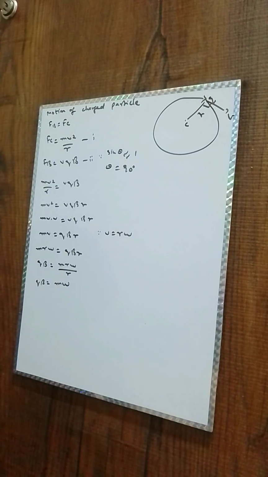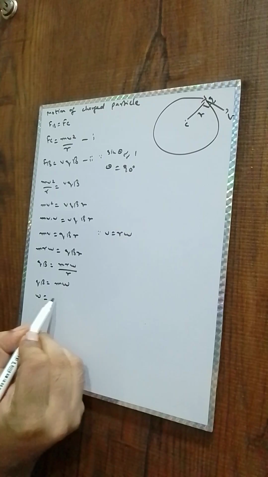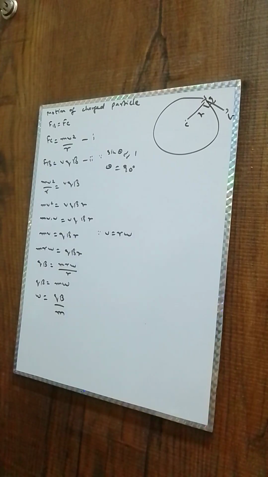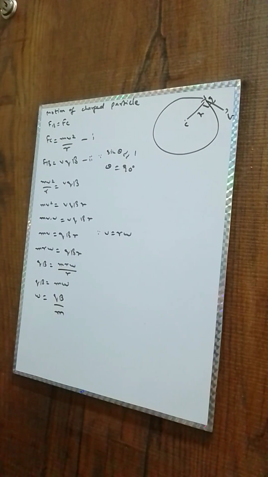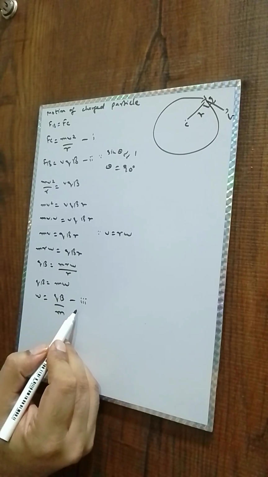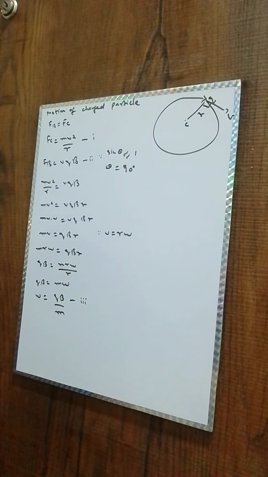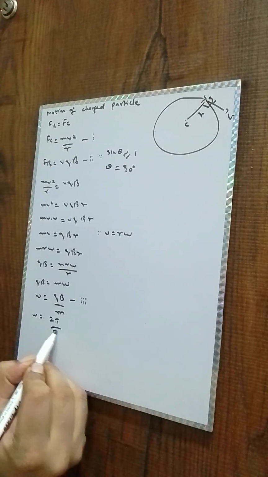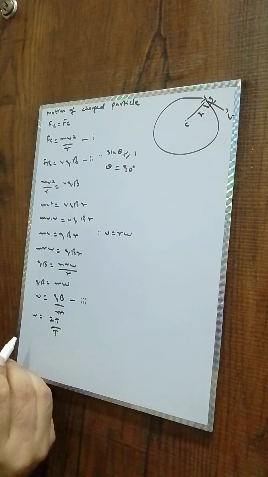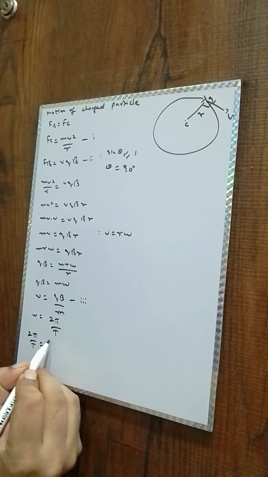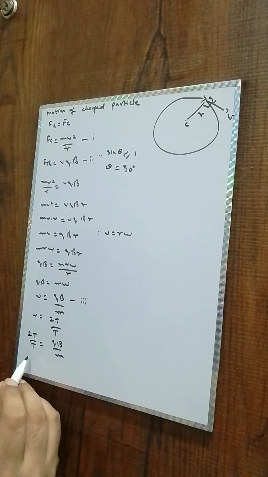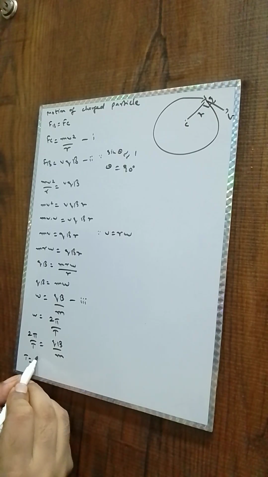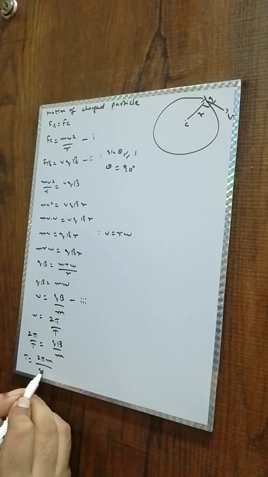Yes, so omega, the angular velocity, is equal to qB by m. So we resume with this generalization, and we know from mechanics that omega is equal to 2 pi by T, so we use it here. 2 pi by T is equal to qB by m. So T in this case will become 2 pi m by qB.